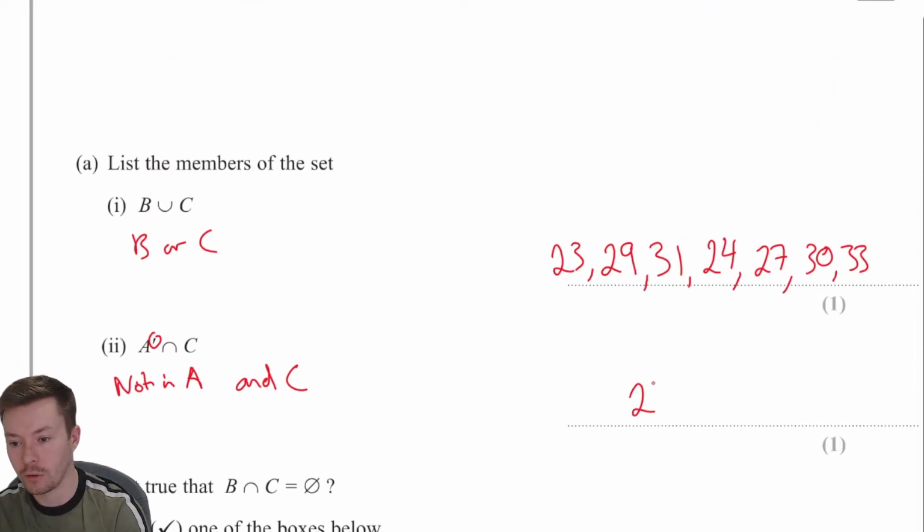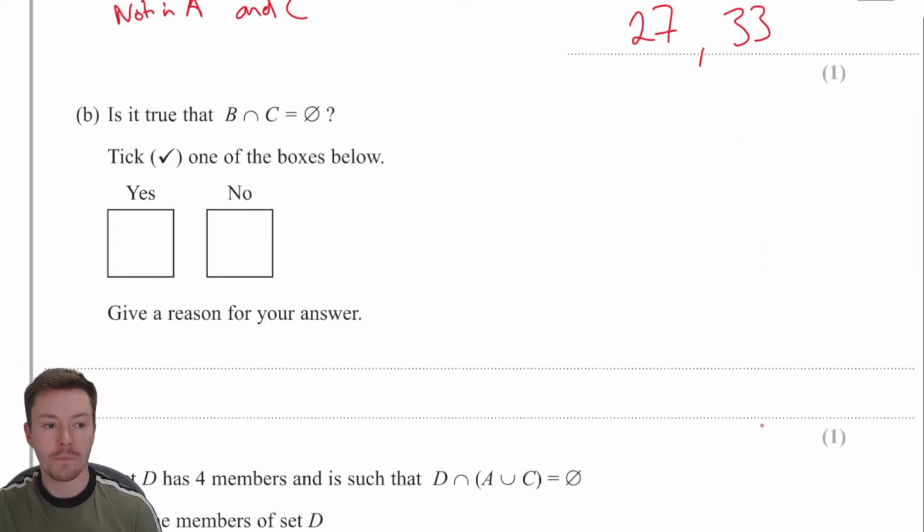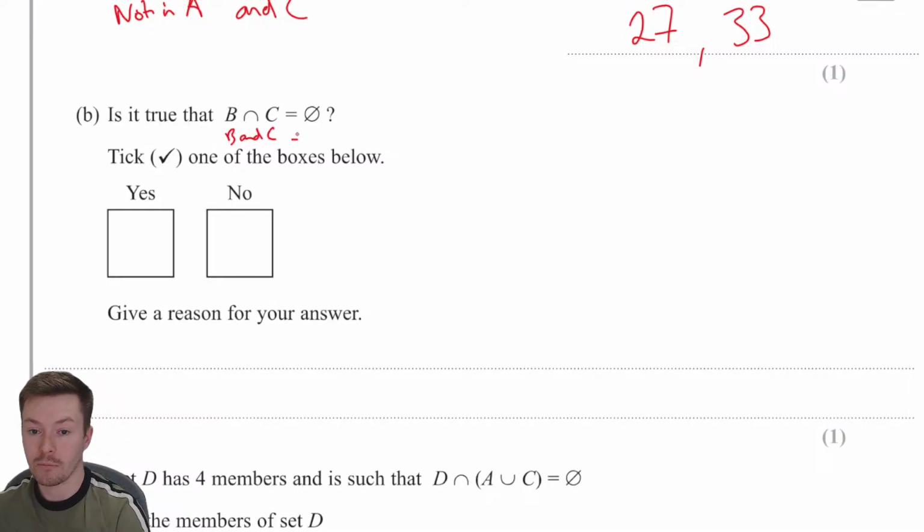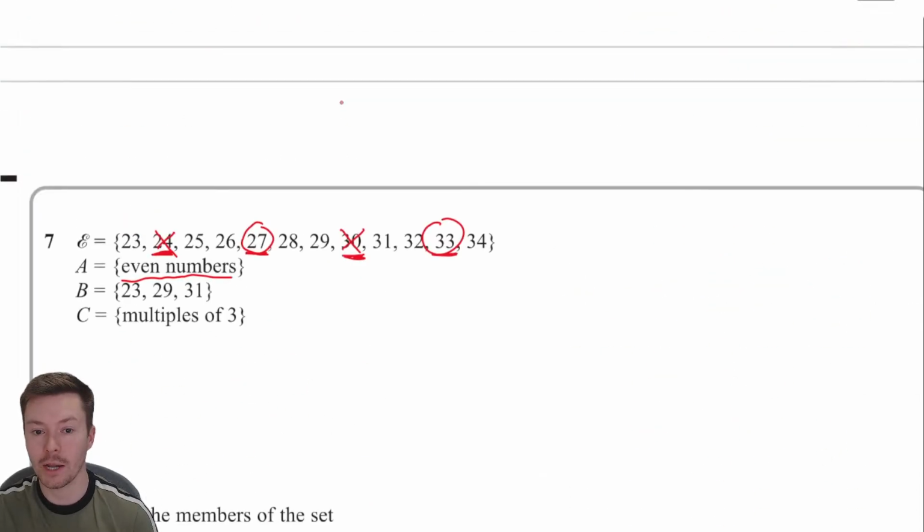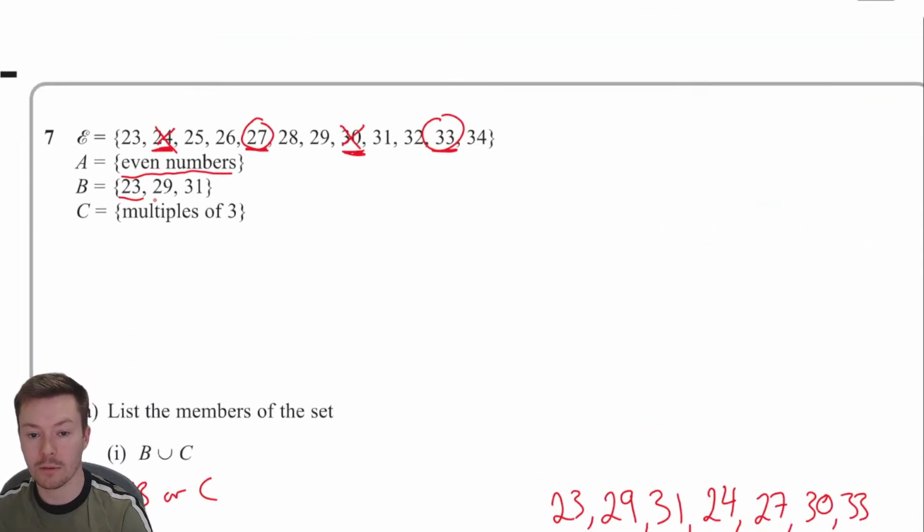Okay, gone too far. Now the next bit, is it true that the items in B and C are empty? So there's nothing in B and C. Let's have a look. Well, B is 23, 29, and 31.